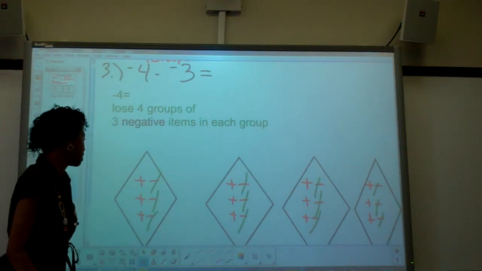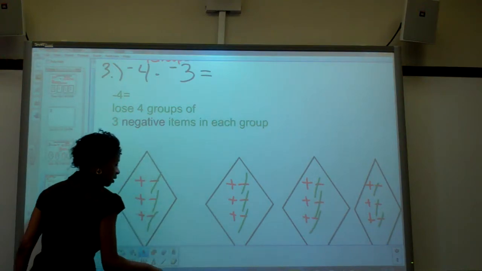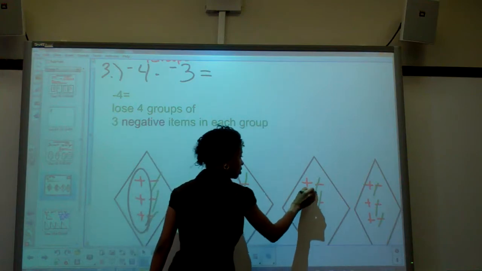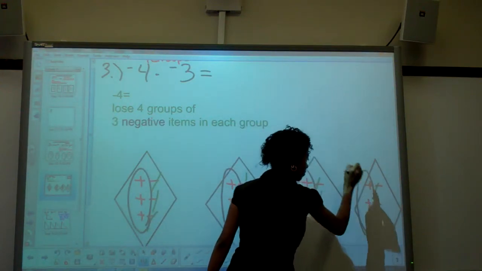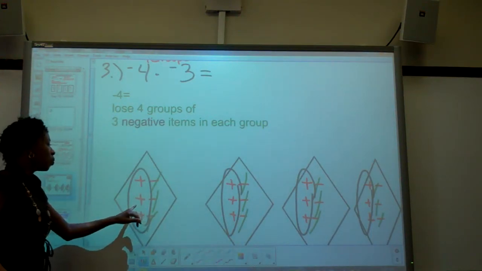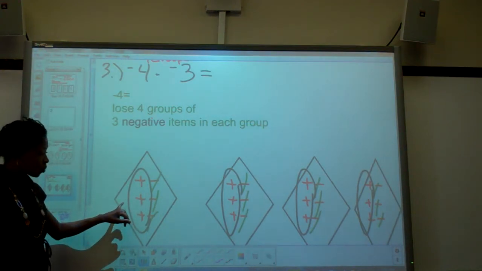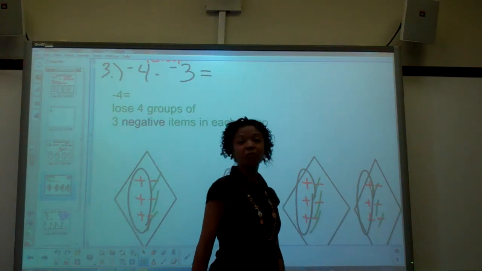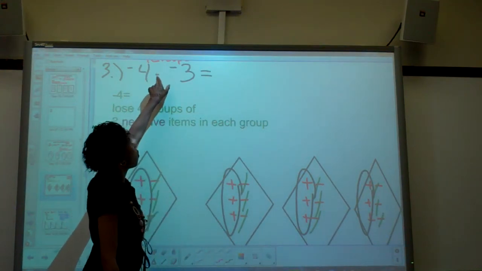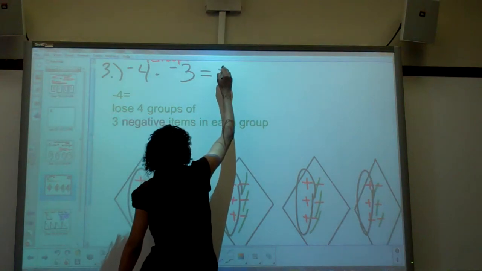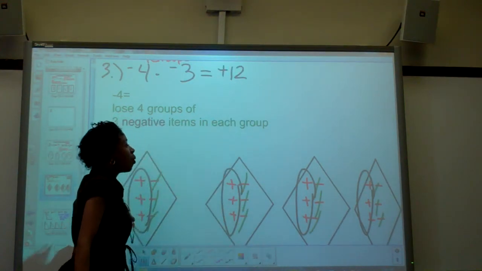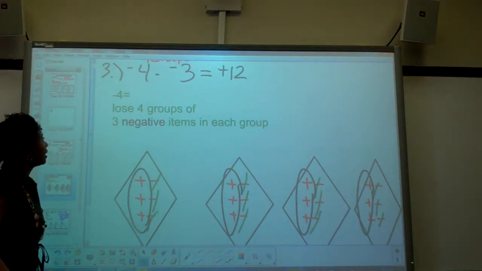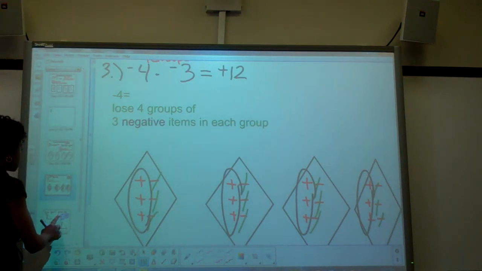Final answer should be in the same charge. Is our final answer in the same charge? Yes. In every group, this is all that's left. What's left in each group? 3 positive things. We have 3, 6, 9, 12 positives. So negative 4 times negative 3 is a positive 12. Why? Because we lost negativity.